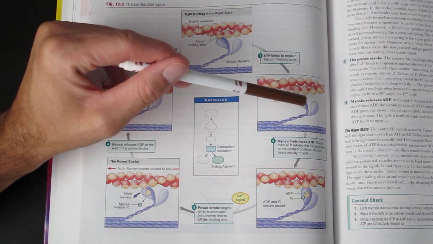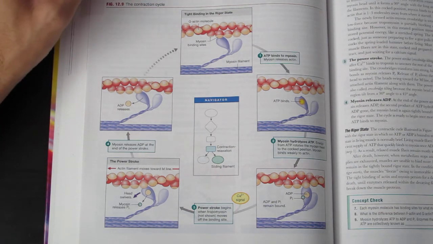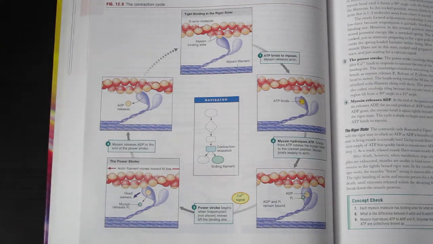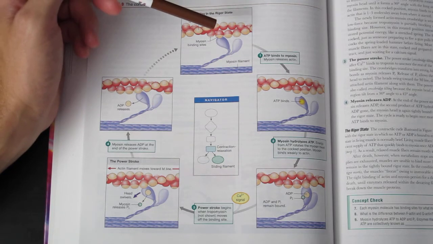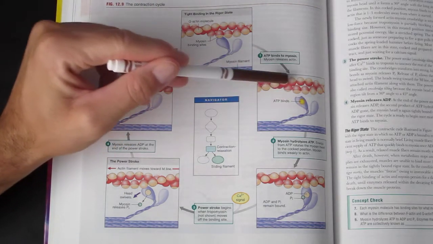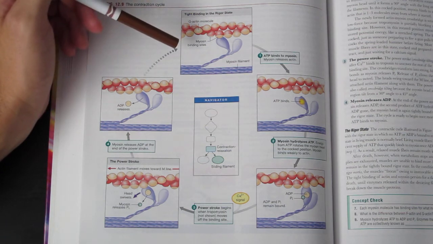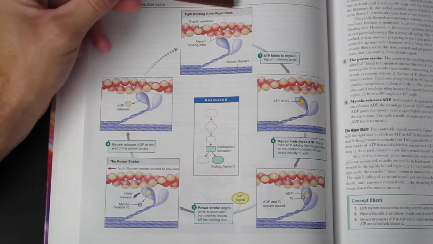ATP binds and it's released. I think some people sometimes think that the ATP is required for the power stroke, and I guess in a roundabout way it is, but why we really need ATP for muscle contractions is we need it to release myosin from actin.